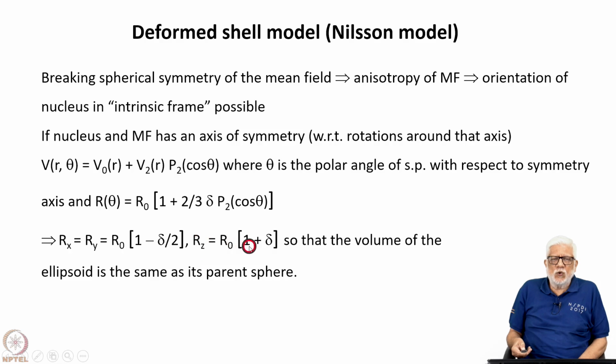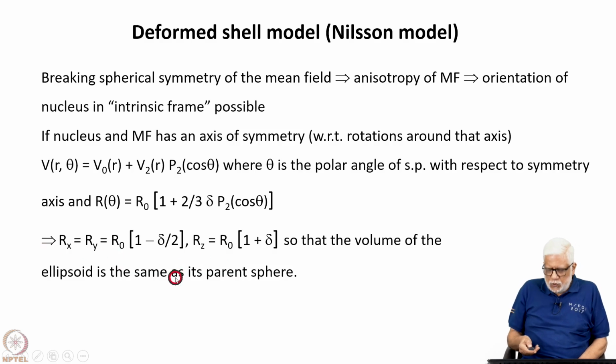Rz is given by R0 into 1 plus delta. Of course, if you have oblate deformation, then this delta would be negative, and again you have x and y the same, but Rz is smaller. Delta has a negative sign, then it subtracts, and then you have Rz which is smaller than Rx and Ry.